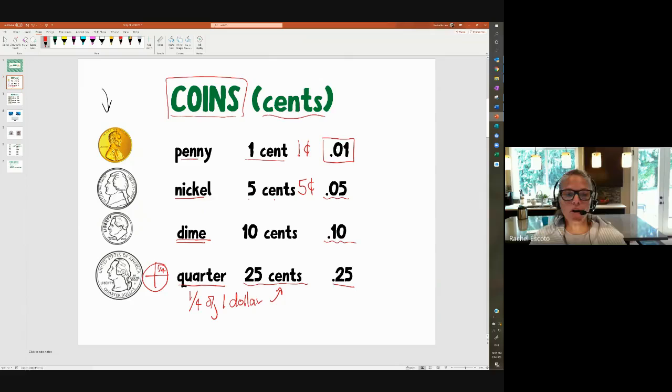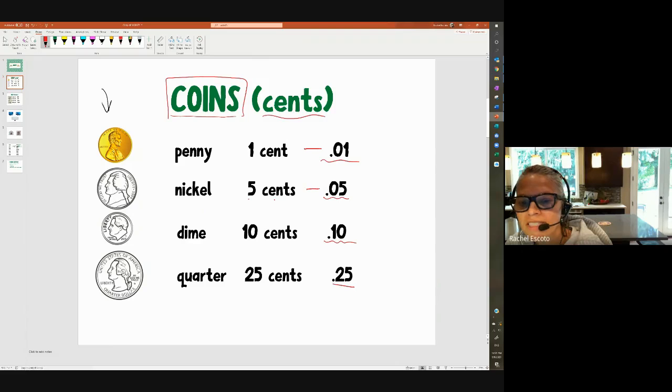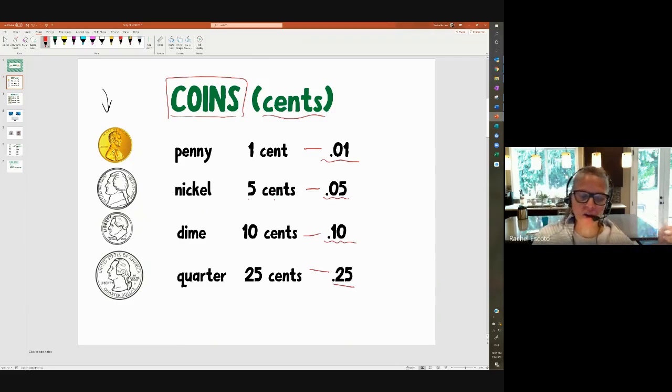Okay, so we call it a quarter. So we have penny, nickel, dime, quarter, and that's 1 cent, 5 cents, 10 cents, 25 cents. Okay, these are the coins.